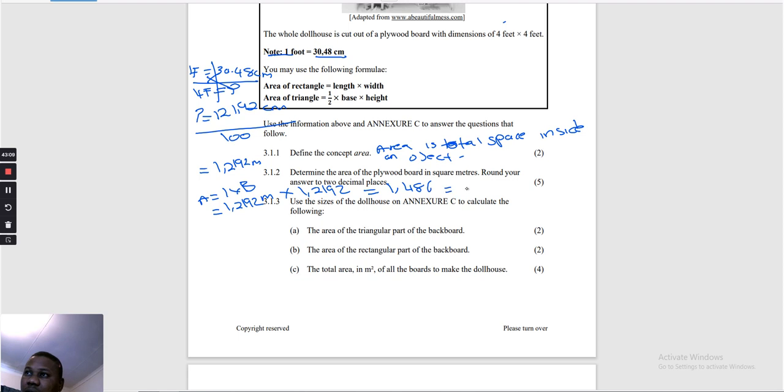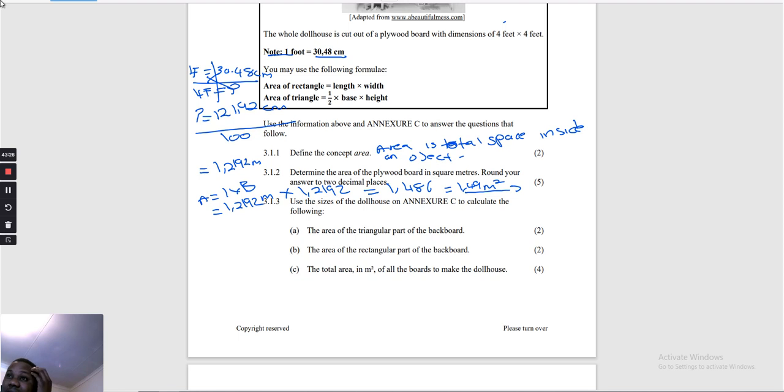So this is approximately 1, did they say round? Yes, round to 2 decimal places. This is 1,49 meter squared. That's your 5 marks there.